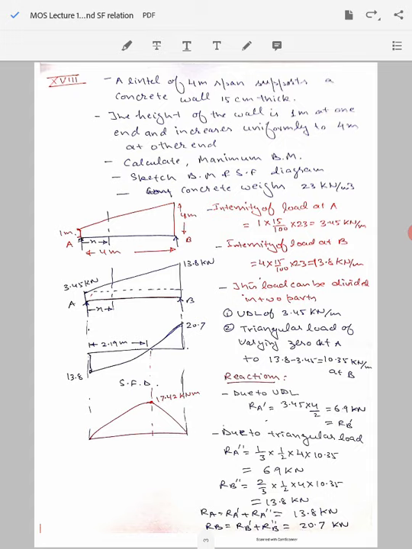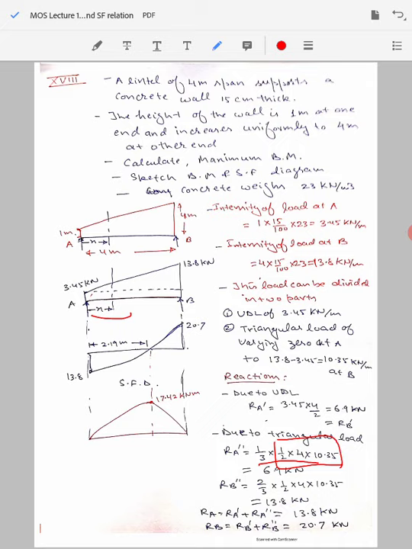Now due to the triangular load, the reactions will be calculated assuming that it is a triangle, so its center of gravity will be at a distance of 1/3 from the edge. So the reaction at A will be 1/3 into the area of the triangle, that is half into the distance 4 meter and the height 10.35 of this triangle.